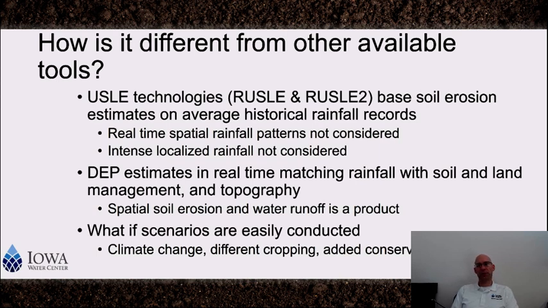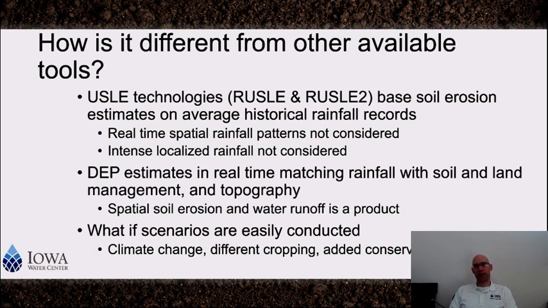How is the Daily Erosion Project different from other available tools that are out there? The most common comparison is with USLE technology, which would include the RUSLE and RUSLE2 models. These base soil erosion estimates on long-term historical average rainfall estimates.